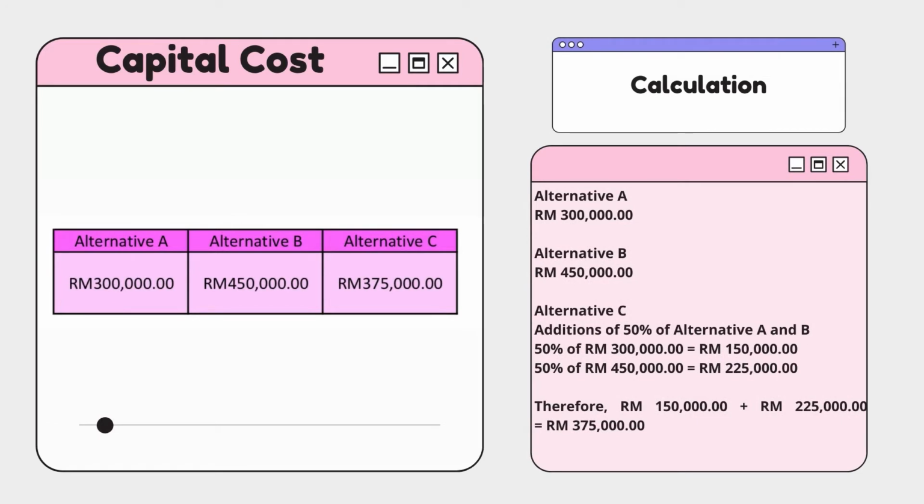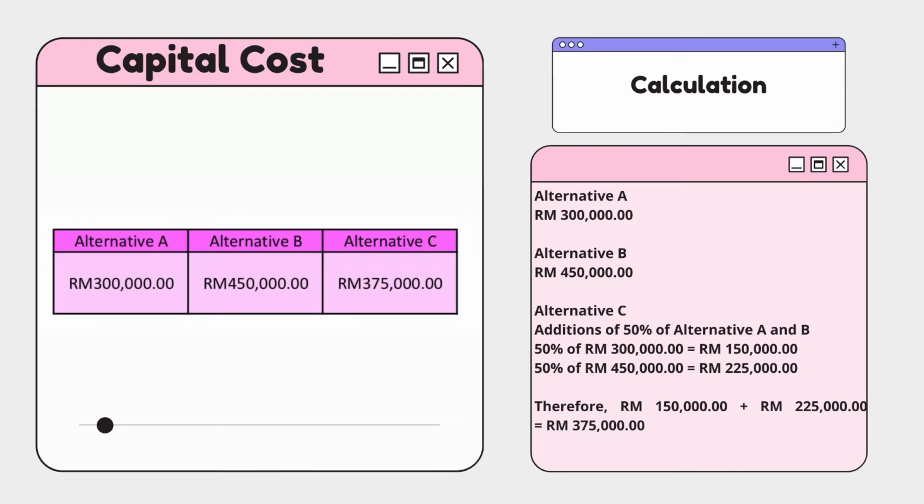The capital cost for alternative A is 300,000 ringgit, for alternative B is 450,000 ringgit, and for alternative C is 375,000 ringgit. For alternative A and B, these capital costs have been stated in the table of cost-related data provided in the question.